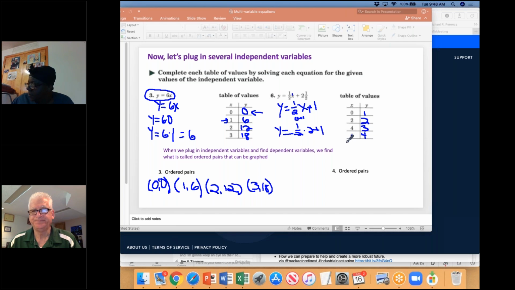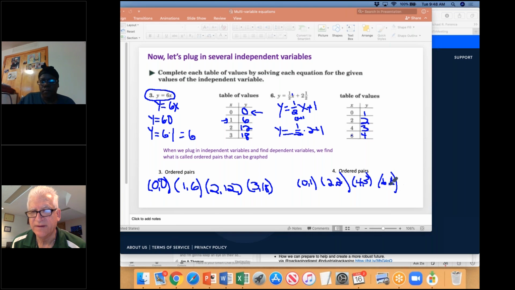Make sense? So my 4 ordered pairs here are (0, 1), (2, 2), (4, 3), and (6, 4). And it's only going to be important when we do the graph.